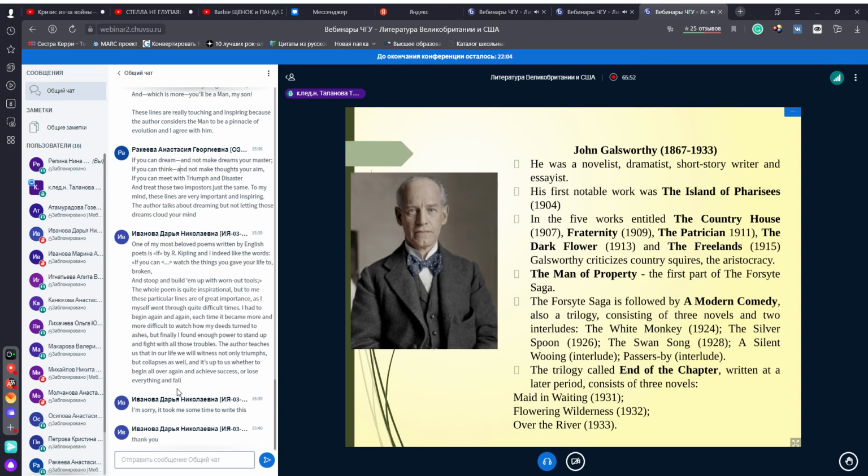He began writing in 1904, and his first notable work was The Island of Pharisees. The title was already a name for the English privileged classes, and the word is used about hypocritical people.